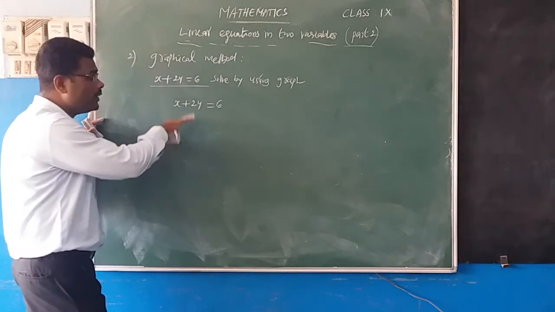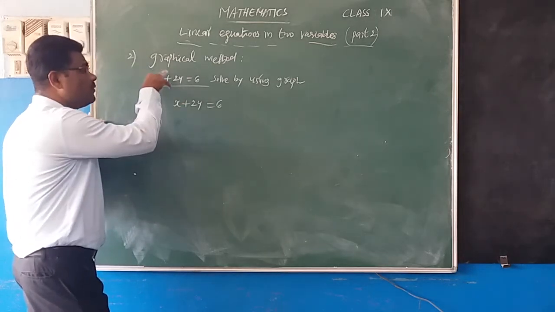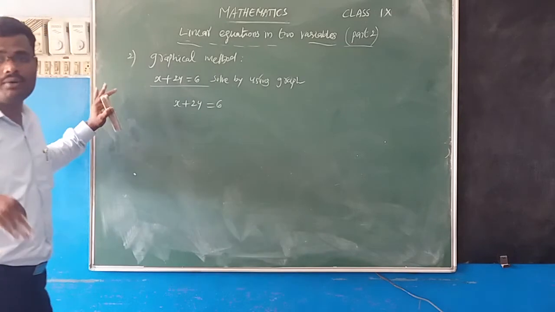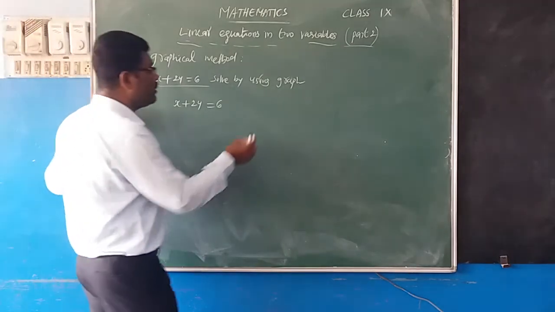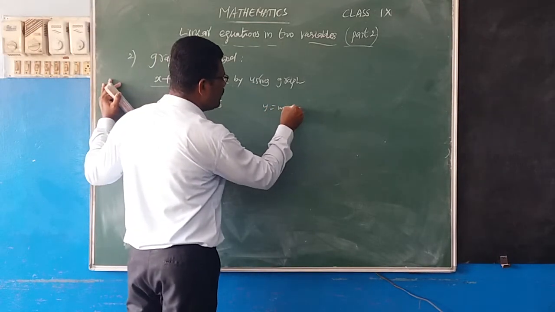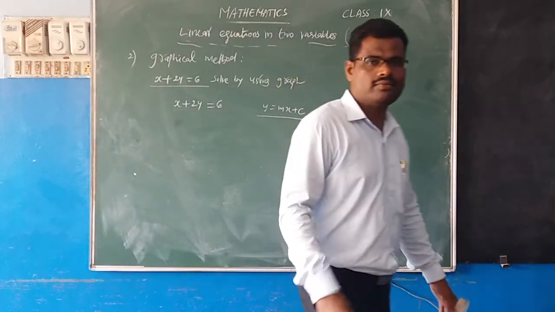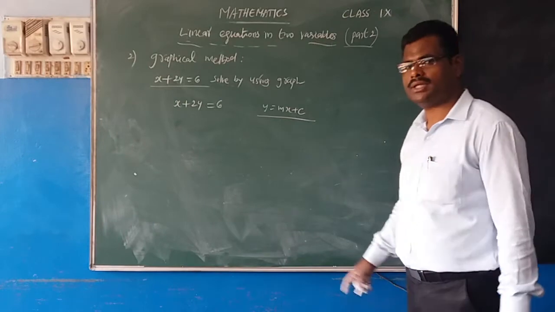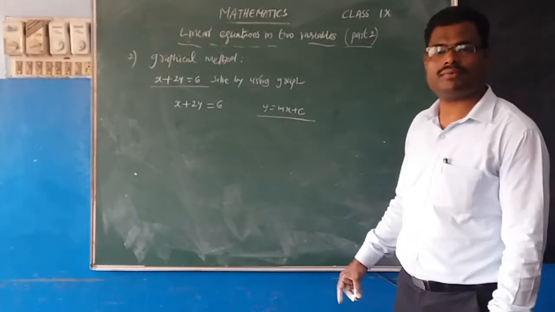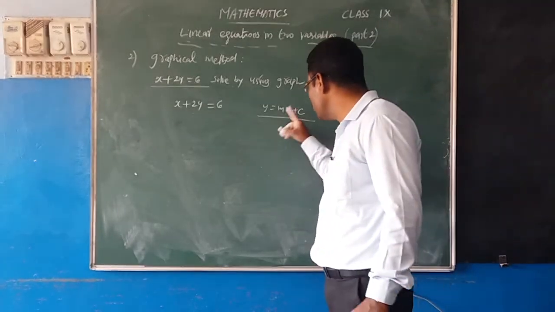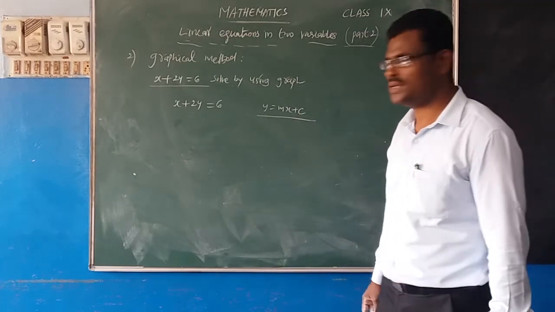First, what we need to do is, if an equation is given, we need to convert the given equation into the form y is equal to mx plus c. Very important. This is called the standard form of linear equation. y is equal to mx plus c.